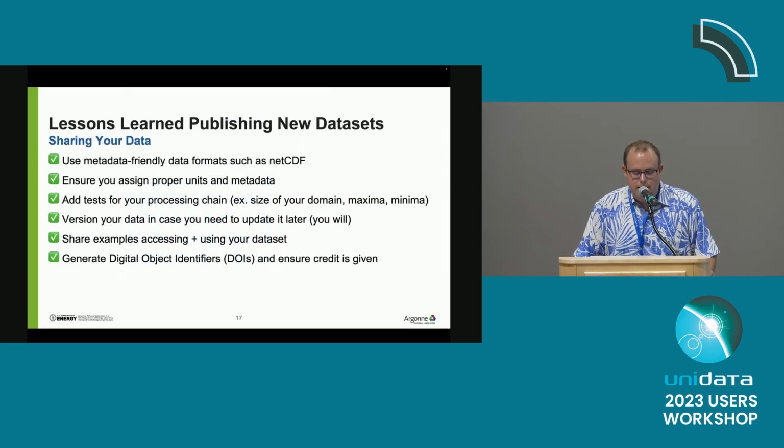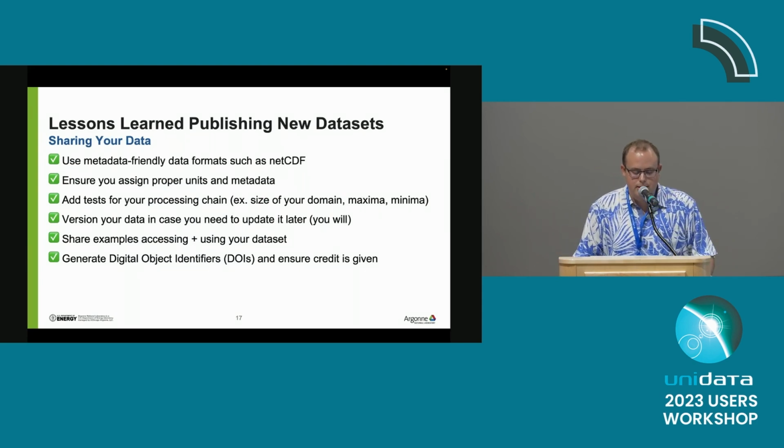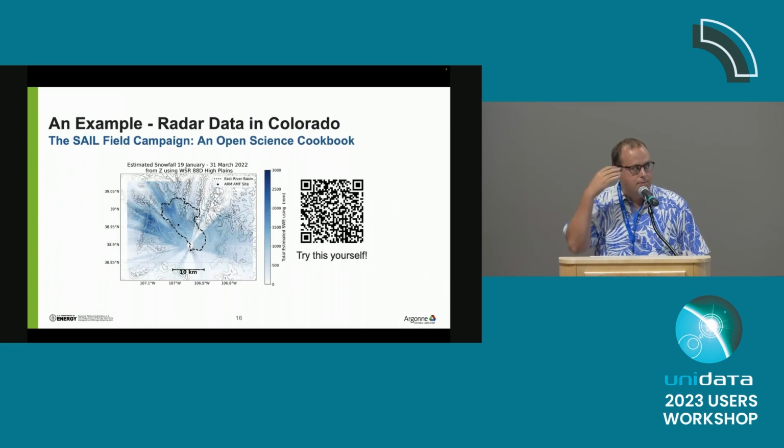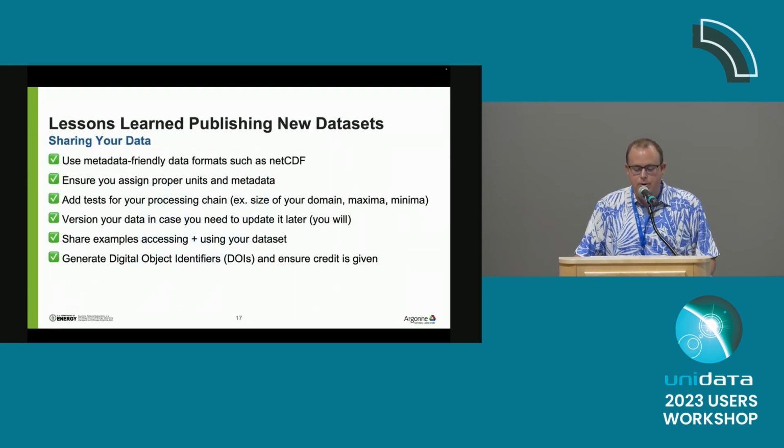So some lessons learned publishing some of these new data sets and developing some of these different toolkits. Use metadata-friendly formats, such as netcdf. When we submitted this data set, there's a whole review process in terms of making sure that the proper attributes, making sure we have units and that sort of thing. And when you're publishing these different data sets, it's critical to include a lot of those data formats.